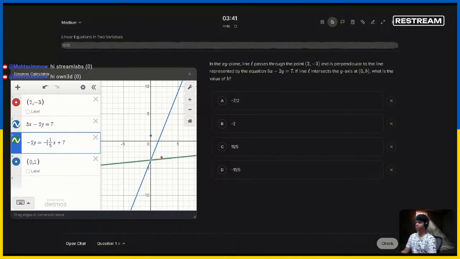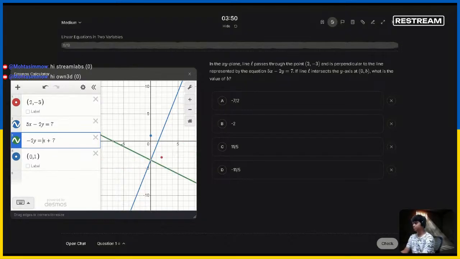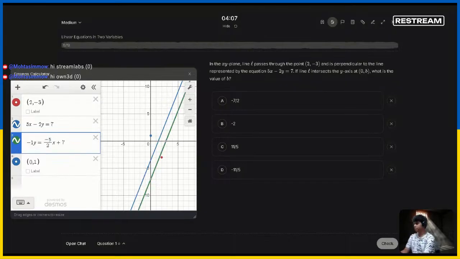So close. Wait, if you think about it, it was a -5, right? To turn this into 1, this has to be divided by 2, and this has to be divided by 2, which is still the same thing.